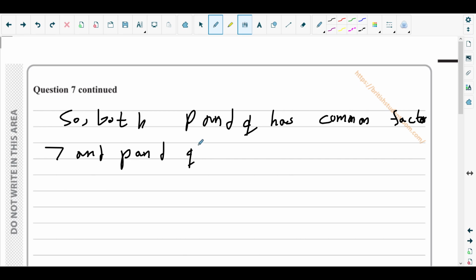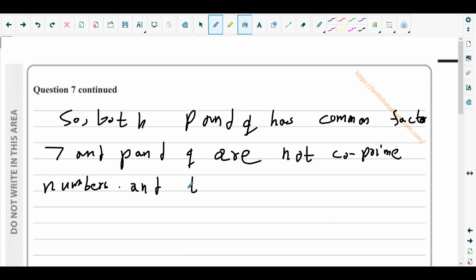After doing algebraic workings, we can see that we are actually getting everything opposite to our assumption, isn't it? P and Q are not coprime numbers, and the fraction is not in its simplest form, right?